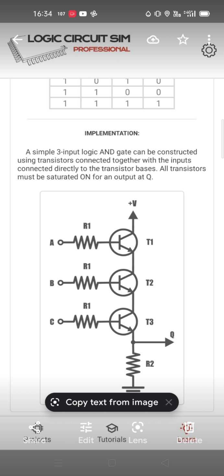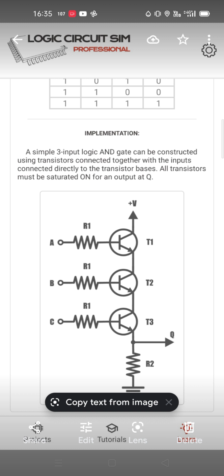The first thing is, ordinarily a gate consists of a resistor and a transistor. The transistor is also called a triode, so it has three terminals: one for positive, one for negative, and another one which is the gate.